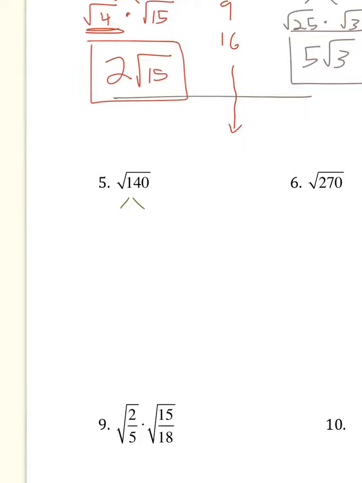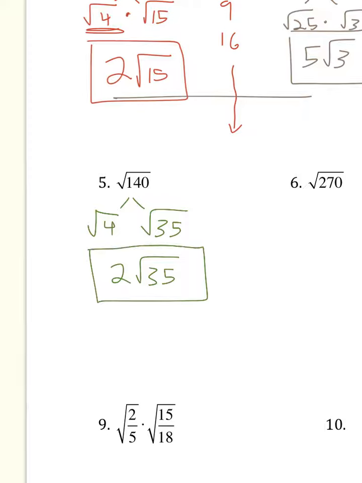I think 4. That's crazy. 4 times 35, actually. And square root of 4 is 2, and then 35. They might think, oh, 35, that's a big number. There's no perfect squares that go into 35. So technically that's already broken down as much as it could be.